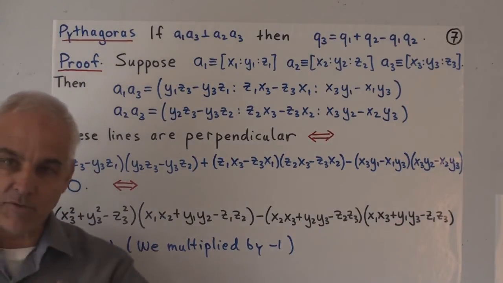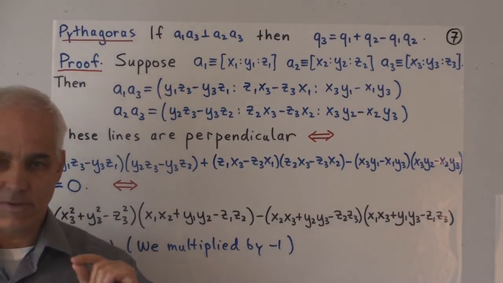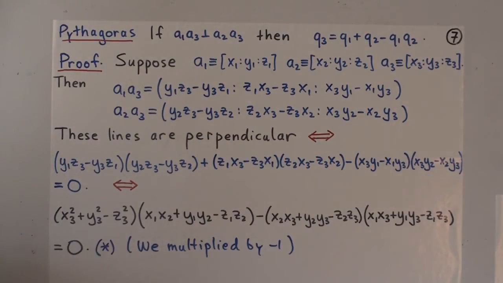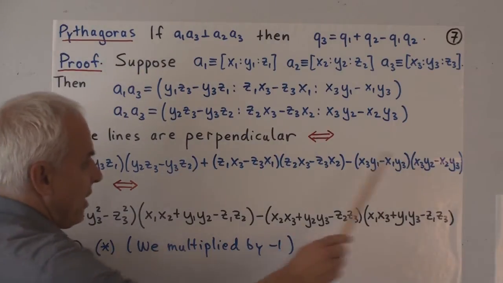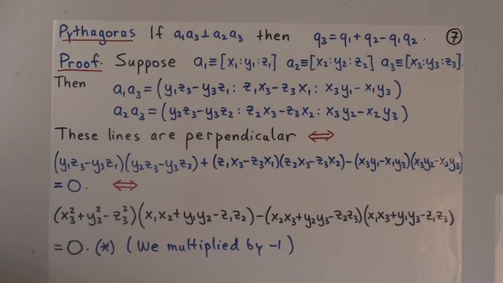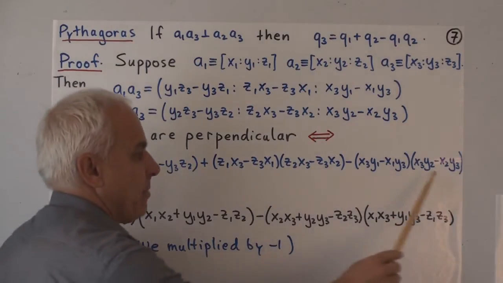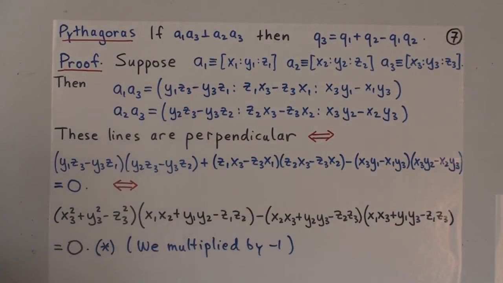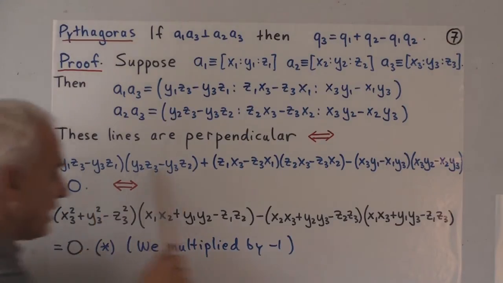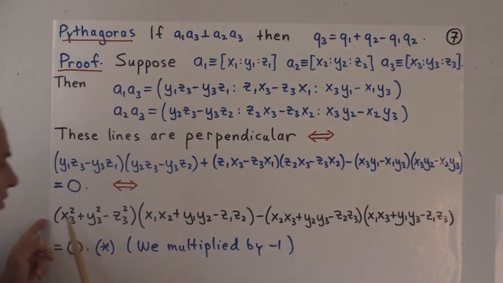Now, here's where the remarkable aspect occurs. A small miracle occurs, perhaps, in that this equation is exactly equivalent to this one here. In fact, what's along this line here is exactly the same as what's up here, except that everything has been multiplied by a minus 1. This is an identity. The identity is that this thing here equals minus all of this.